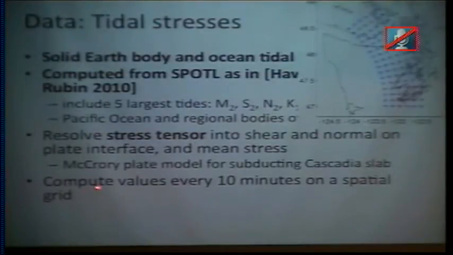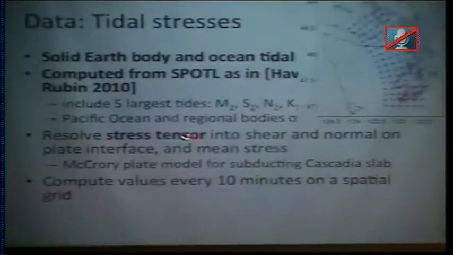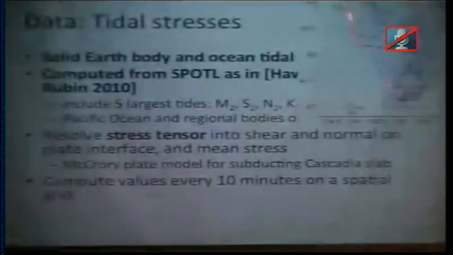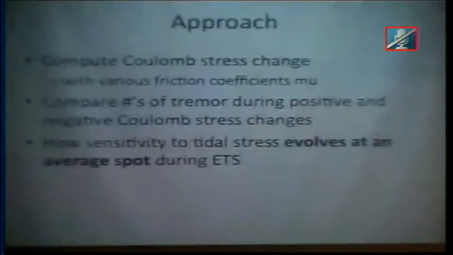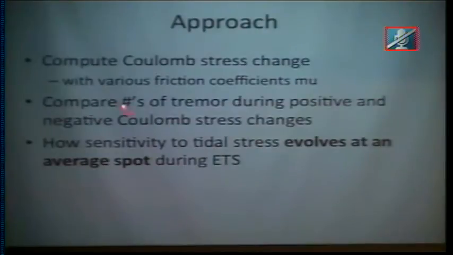So this is a study in the time domain, so I compute the values every 10 minutes on a spatial grid. So I'm computing these stresses, the whole stress tensor every 10 minutes, and this is the grid I use. Now, the idea then is to compute that stress change and put it into Coulomb stress, so I don't have to consider normal and shear separately, but I'll use various coefficients of mu and see what works best.